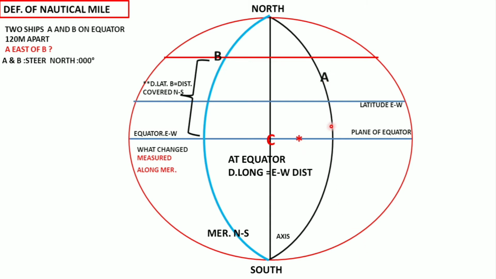If there was some other point which I am showing you here, the d-lat between this point and B is the same here as well as here. But they are on two different meridians now. And d-lat is arc of the meridian.